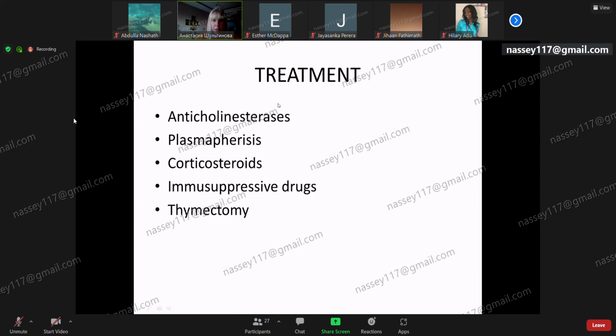Treatment: anticholinesterase on the first place, then plasmapheresis, then corticosteroids, then immunosuppressives, and the last one, long-acting drugs. See, on the first place, not corticosteroids, yes? Anticholinesterase drugs.